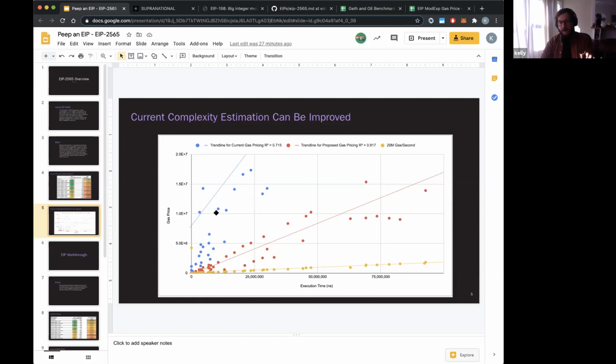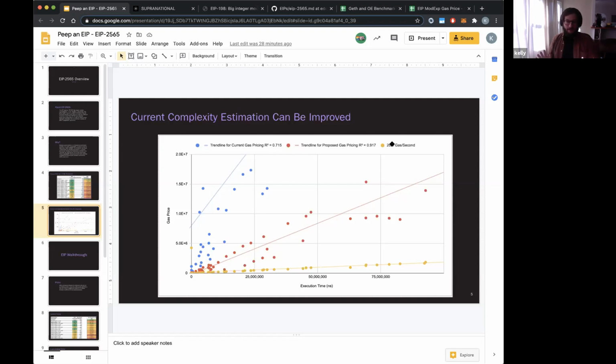What we found, though, is that by actually specifying this new complexity formula to better represent the actual algorithm that was used, we were able to bump this up to about 92%. And what this means now is that the gas pricing formula is a better predictor of the actual time that it's going to take to run on your computer. And that's really what ultimately we want to do when we're pricing these gas precompiles.